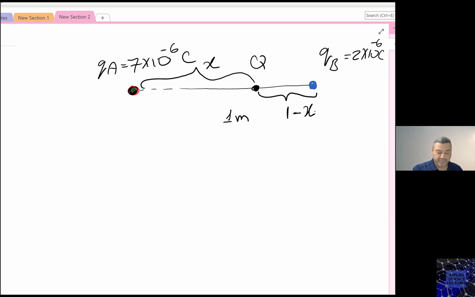So let's write the forces. If I assume that this one is positive, it's not going to matter, positive or negative, but if I assume that this one is positive here, in both cases, the forces will be in the opposite direction. So I'll put this one as FA.